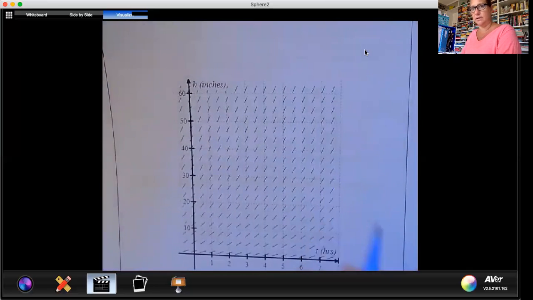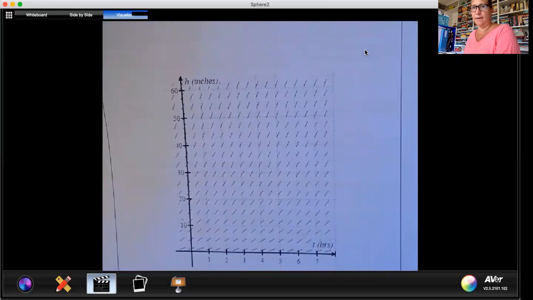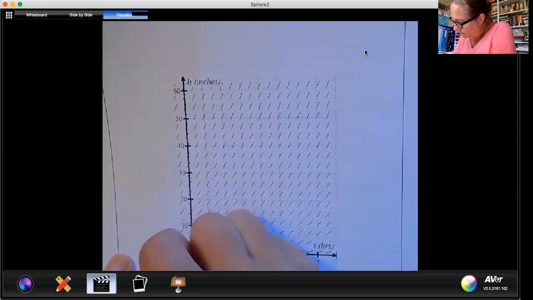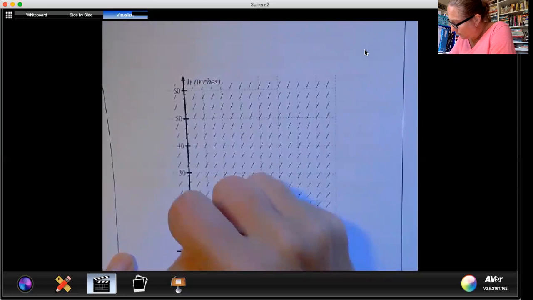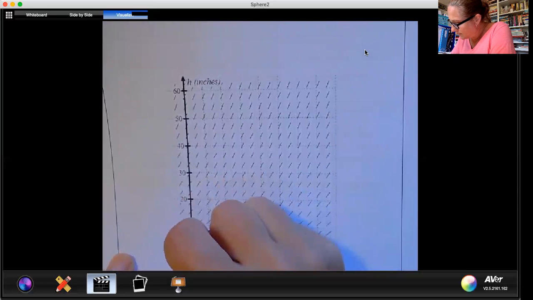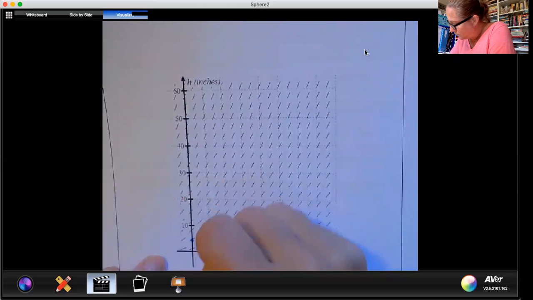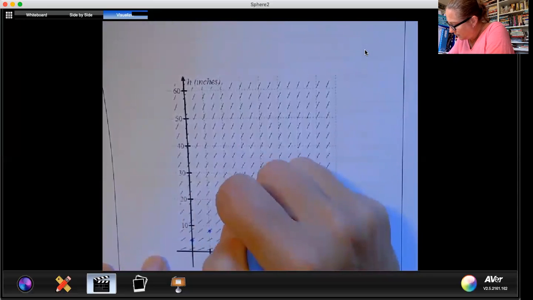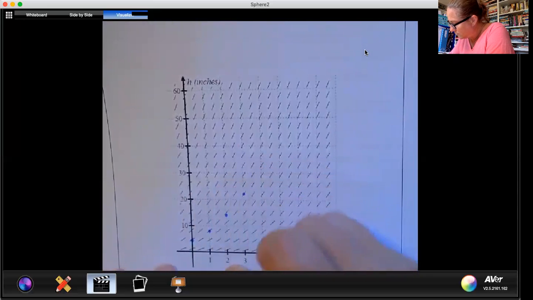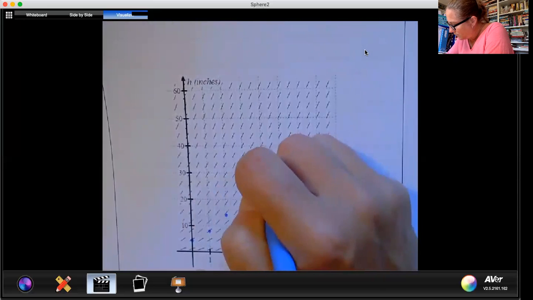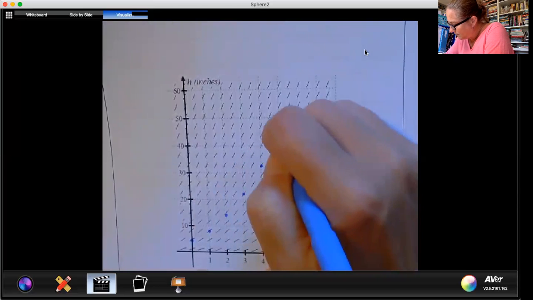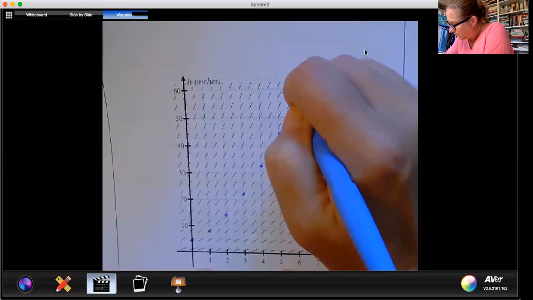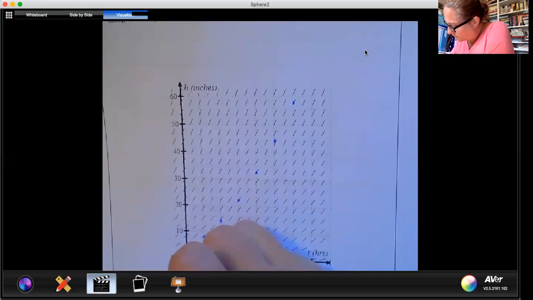Our next section is just on slope fields, how to create them, how to read them, etc. So 0, 4, 1, 8, 2, 14, 3, 22, 4, 32, 5, 44, and 6, 58. And just connect your curve.